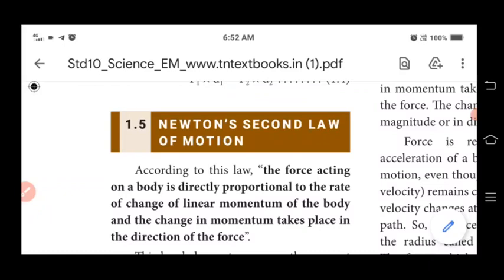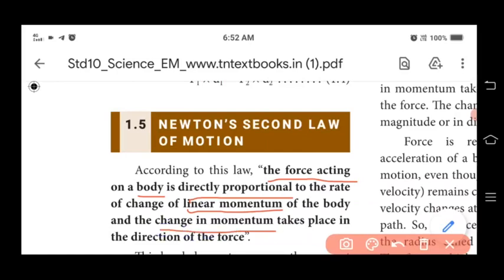So according to Newton's second law, the force acting on a body is directly proportional to the rate of change of linear momentum of a body, and the change in momentum takes place in the direction of the force.